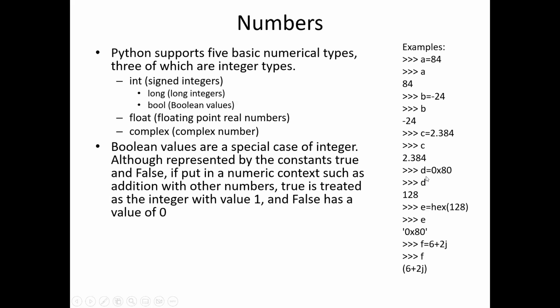For example, if I say d is equal to 0x80, and if I type d, we'll get the decimal value of that hexadecimal value. If I want the hexadecimal value of a decimal number, we use a function called hex. Hex of 120 will give the value 0x80.